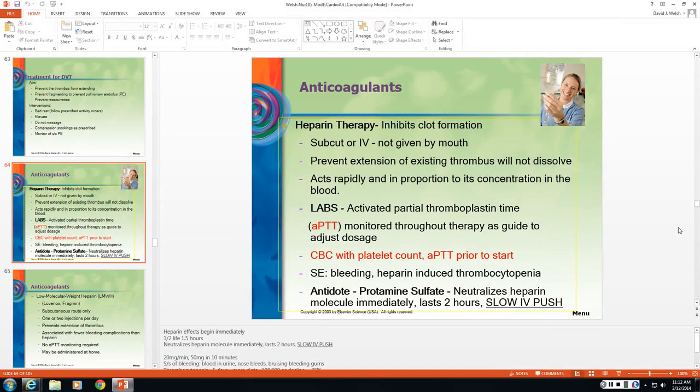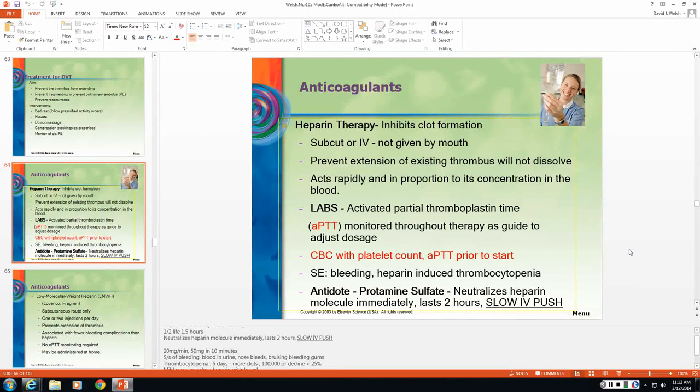Now, some problems that can occur: you could end up with bleeding, you could end up with heparin-induced thrombocytopenia. So, if you have complications with heparin, the antidote is going to be protamine sulfate.